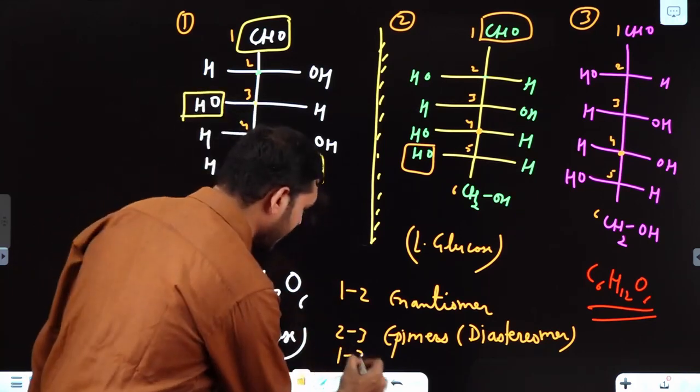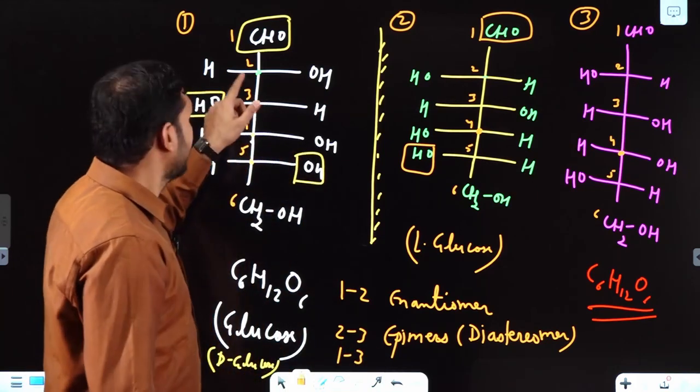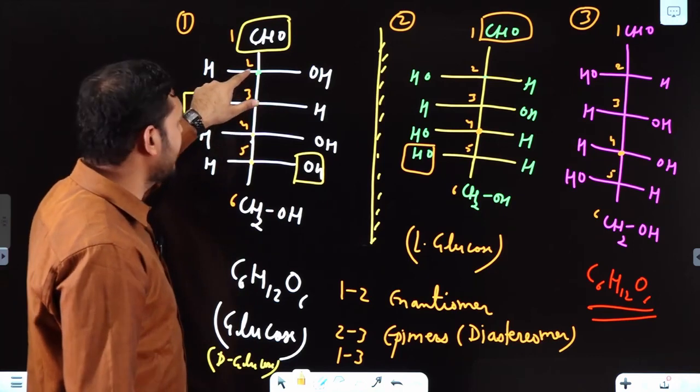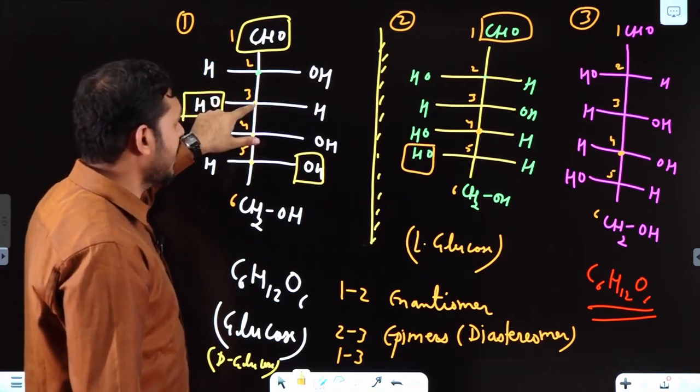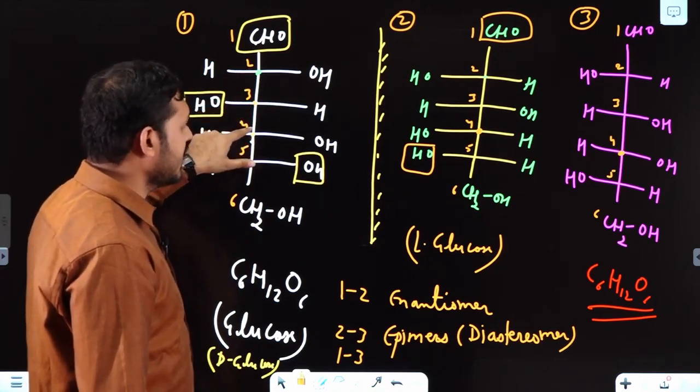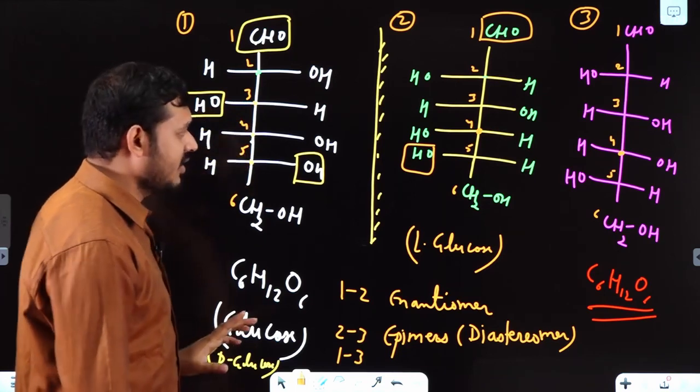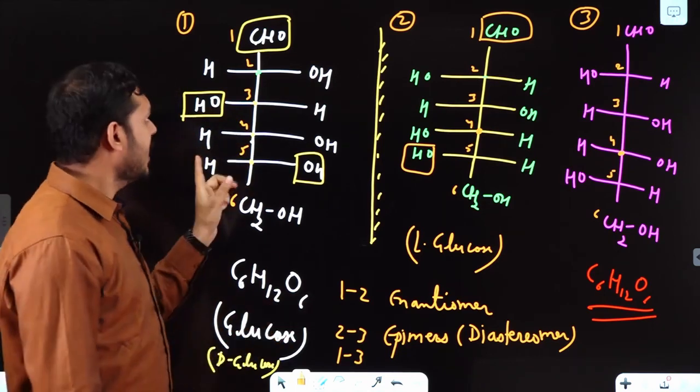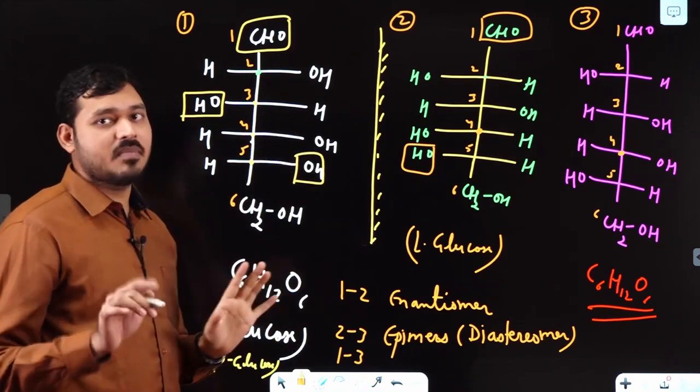Now let's check 1 and 3. Across C2 it is different, across C3 it's different, across C4 it is same, across C5 it is also different. So 1 and 3 won't bear an epimer relationship.